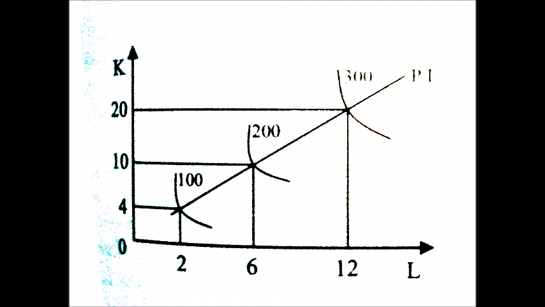Let's explain the diagram. Listen very carefully. The firm is operating in the long run because both K and L are variable. K varies from 4 to 10 to 20, and L varies from 2 to 6 to 12. 4 units of K are combined with 2 units of L to give us 100 units of output.